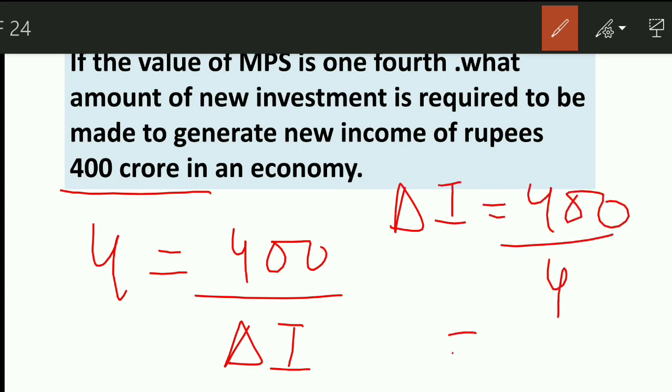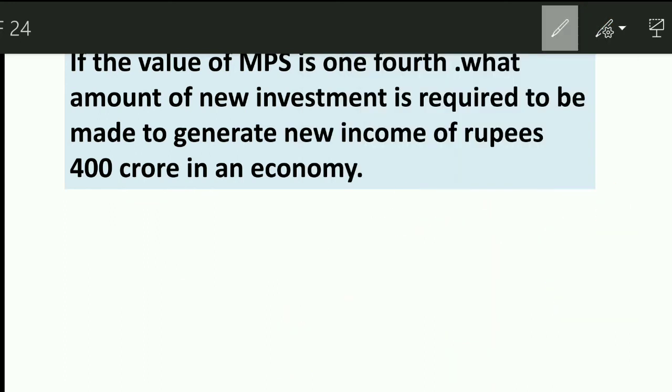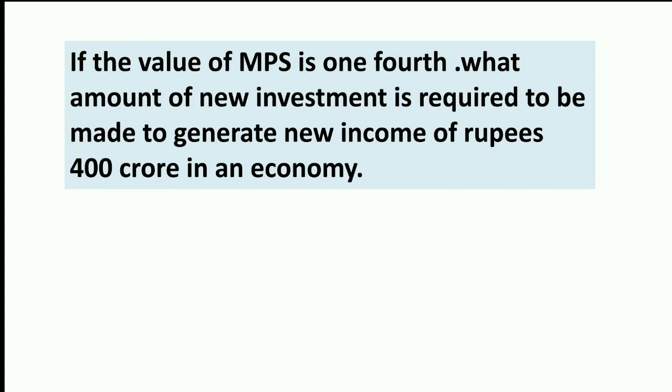So delta I will be equal to 400 upon 4, which is equal to 100. So from this we got that the investment of rupees 100 crore is required to generate the additional income of 400 crore. All right, so write your answer in a proper way after solving it.